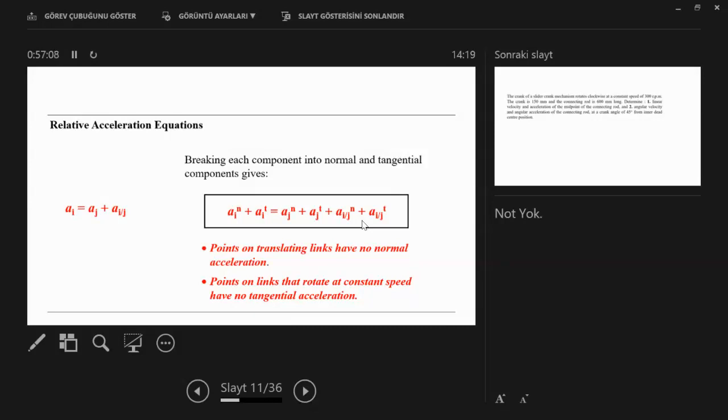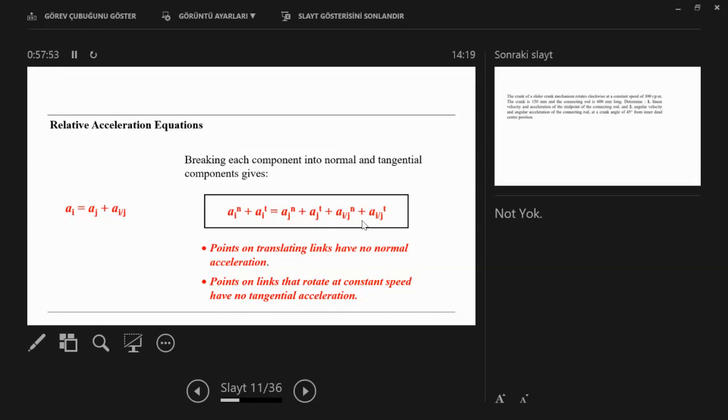Then instead of A, we can write B tangential plus B normal is equal, like this. So here these are the equations. Link I normal component, link I tangential component equals link G normal, link G tangential components, and the relative acceleration between them, that means G about I.